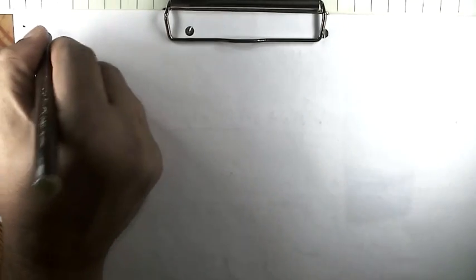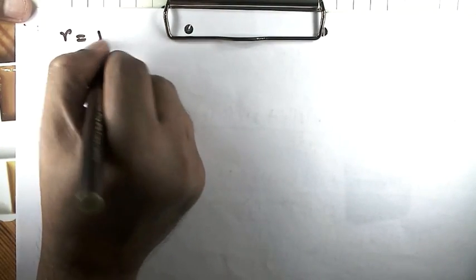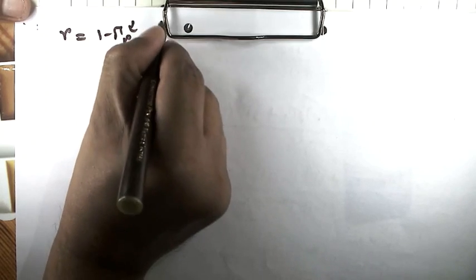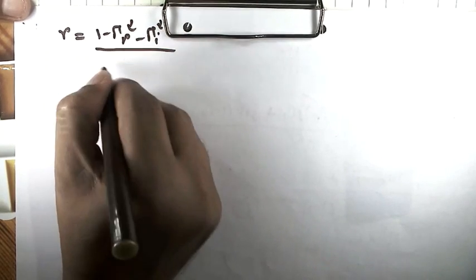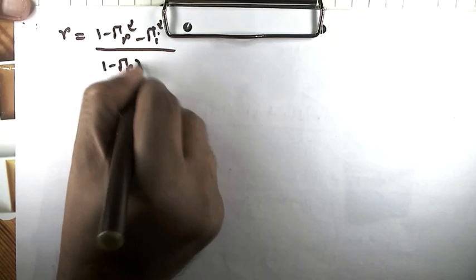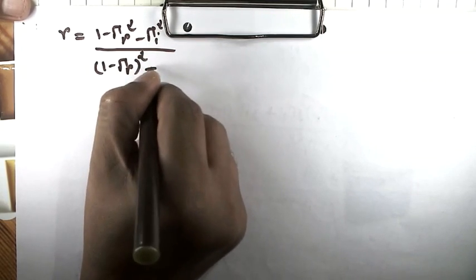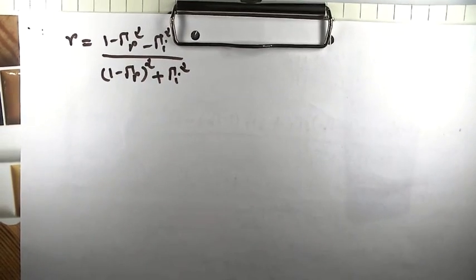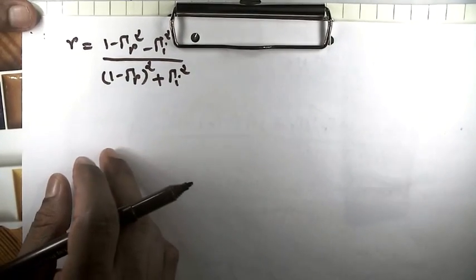So for that, first of all I am doing it for the real part, which is nothing but r. So r equal to 1 minus sigma r square minus sigma I square divided by 1 minus sigma r whole square plus sigma I square. So let us now once again try to rearrange this expression.